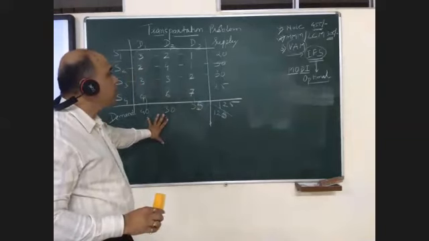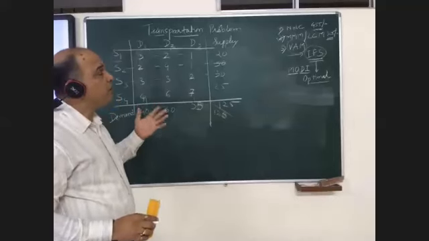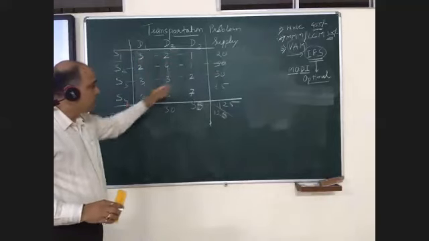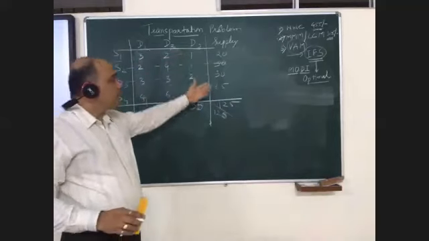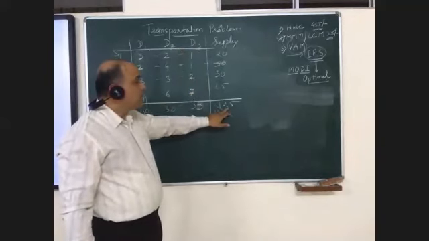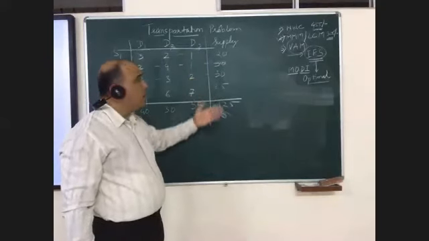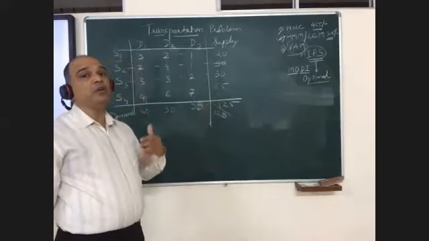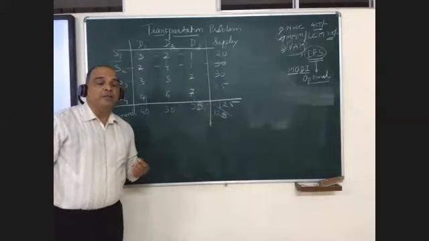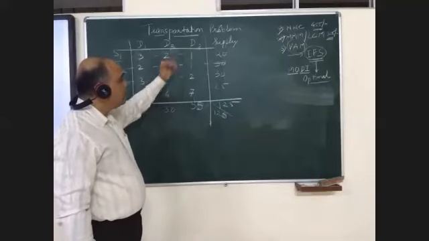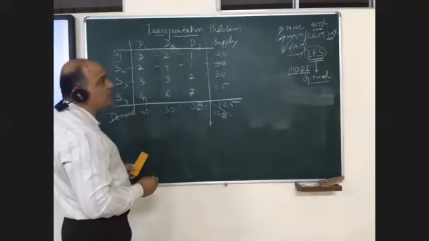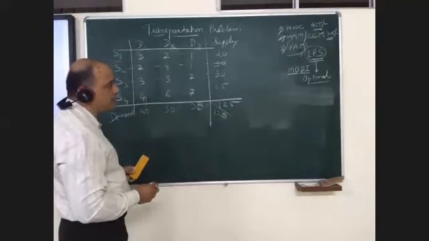Just to avoid confusion, if I solve different problems with different methods, you may not be able to understand the logic. Again, the cost is given to us, along with demanded quantity and supplied quantity. The first step remains the same: check whether demand is equal to supply. If it is not equal, we cannot complete the transportation, so we need to add a dummy column or dummy row. Let us start with Vogel's approximation method.